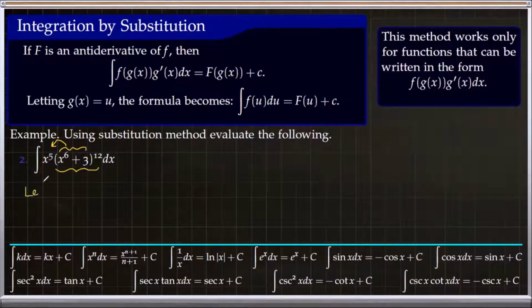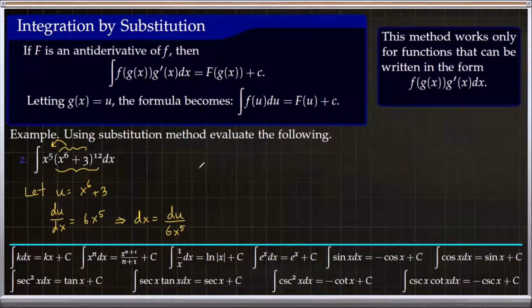So we start by letting u equals x to 6 plus 3. Then just doing the derivative, we get du by dx equals 6x to 5 because we want to express dx in terms of du. That gives us dx equals du over 6x to 5. So now we are ready to do the substitution.